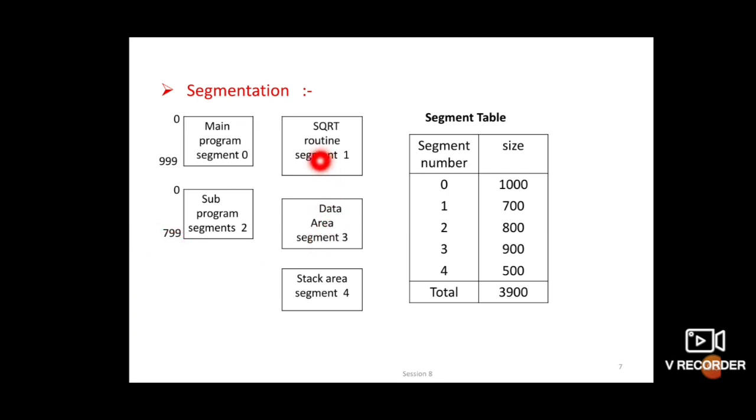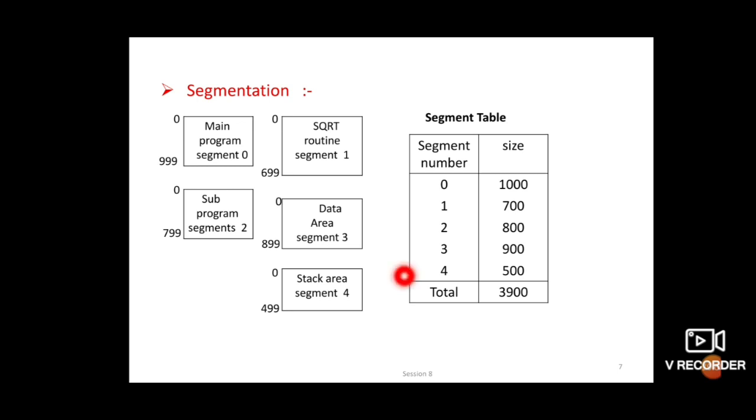This function is stored at 0 to 699. The area segment is stored at 0 to 899 and the stack area at 0 to 499. Different segments exist because the data or program is divided by logical meaning.